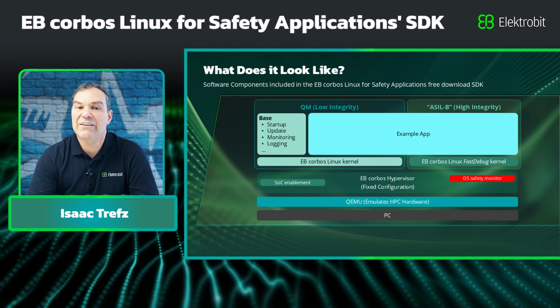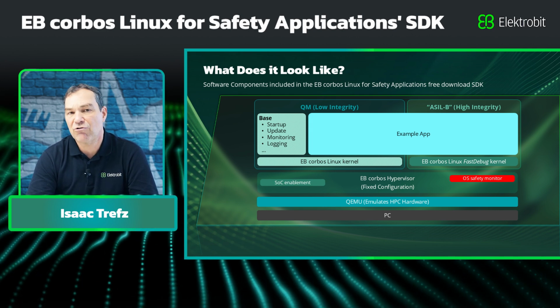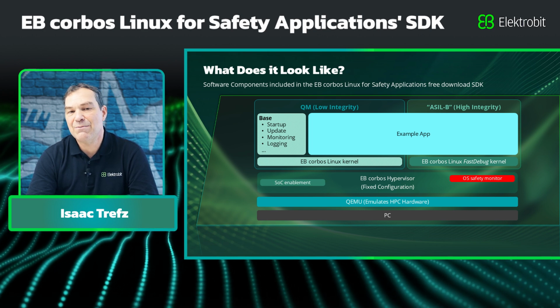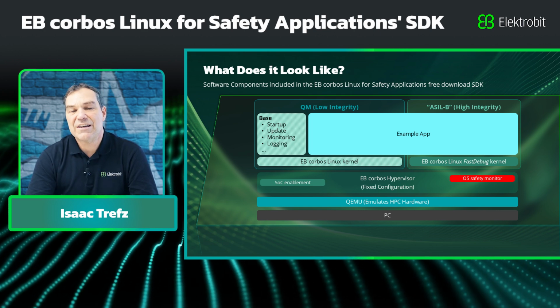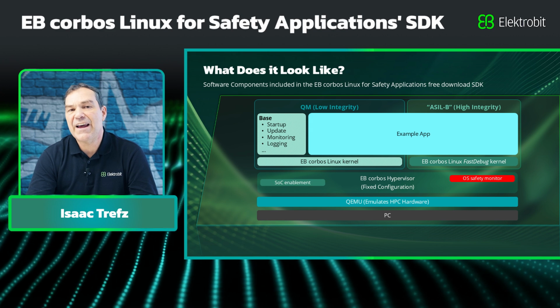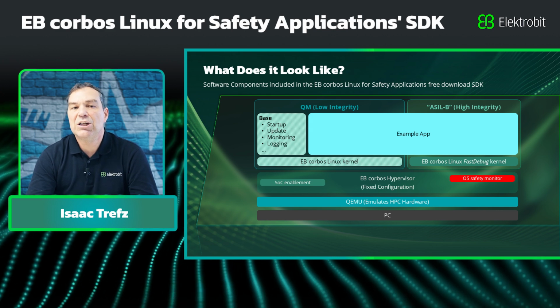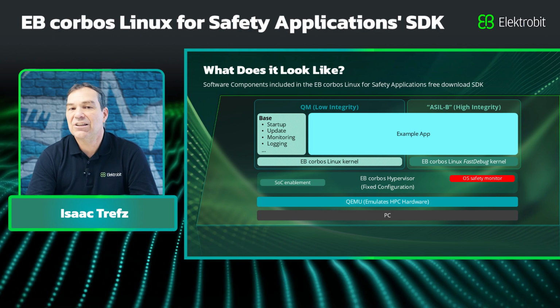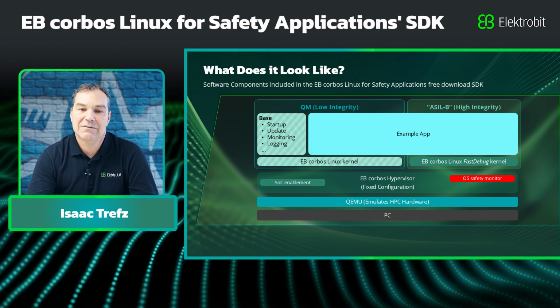And then you have an example application which spans across the 2 partitions. And of course you have the OS safety monitor. The OS safety monitor is not included in the download, but is something that would be included in the licensed product when you actually need the safety certification.